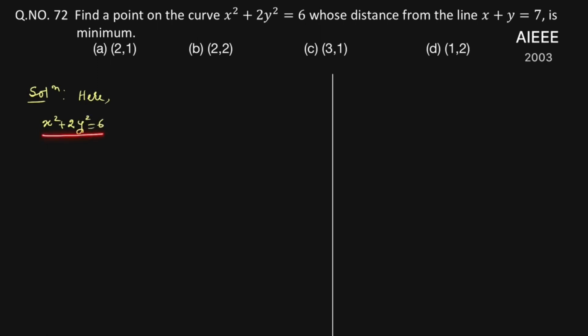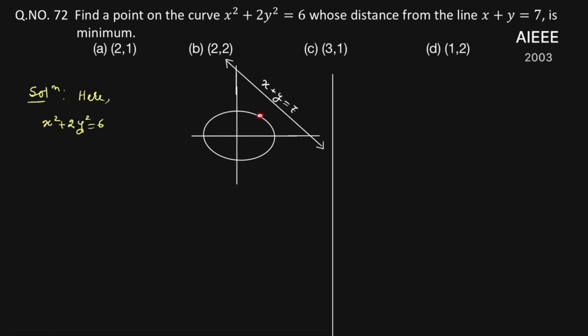If you convert this equation to standard form, that is x square divided by 6 plus y square by 3 equals 1.